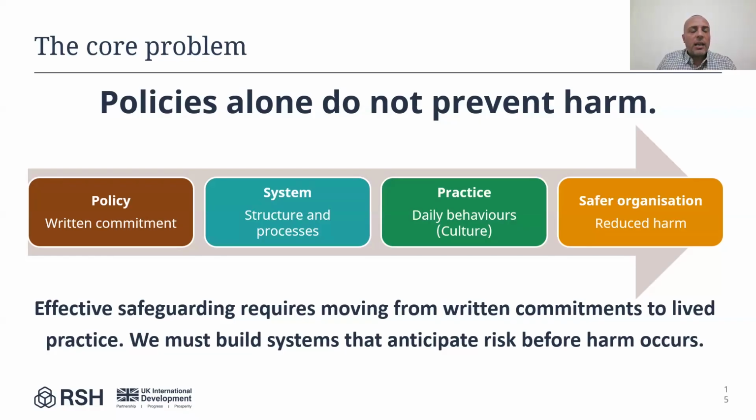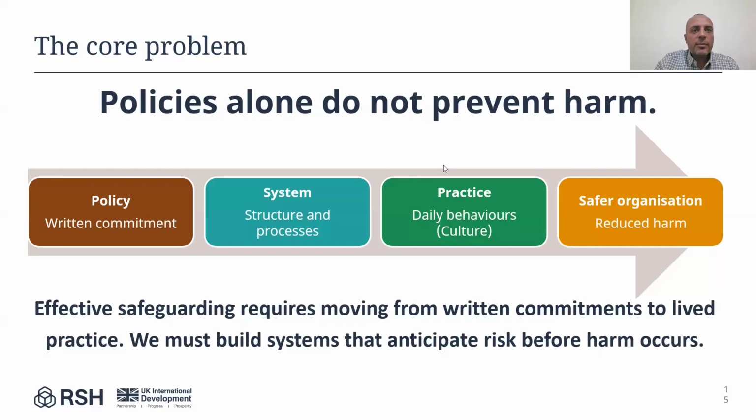The main challenge all organizations face is that they start with the policy, and the policy is just the starting point. Organizations also need a system and clear responsibility, effective supervision, safe reporting mechanisms, and a positive safeguarding culture, because systems influence the decisions people make every day.